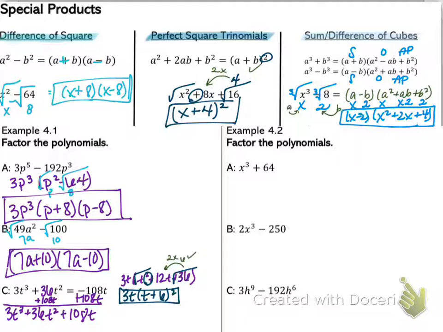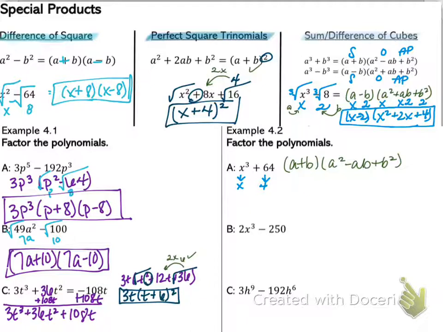Same idea below. Same concept, but now we're doing the sum of cubes. So I'm going to write that formula really fast so that we have it as a reference. The cube root of x is x. Cube root of 64 is 4. Please make sure you note that. A square root of 64 is 8, but a cube root of 64 is 4.